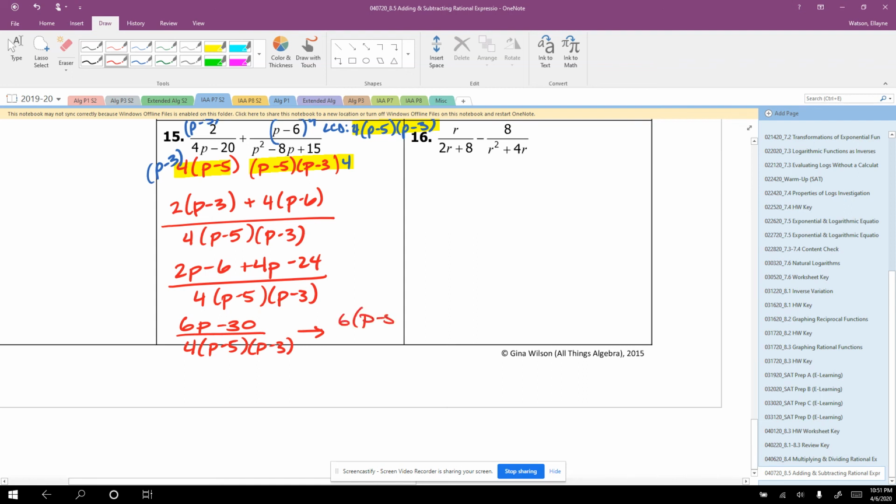You're left with p minus 5. Bottom stays the same. And now I'm in factored form, common factors, p minus 5. So finally, get to my answer. I'm going to reduce these two. 6 over 4 reduces to 3 over 2. So I have a 3 on top, 2 on bottom, times p minus 3.